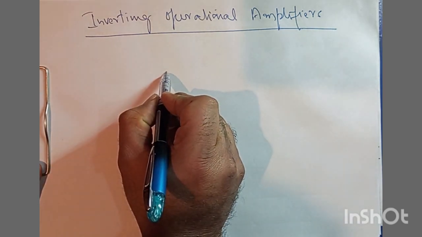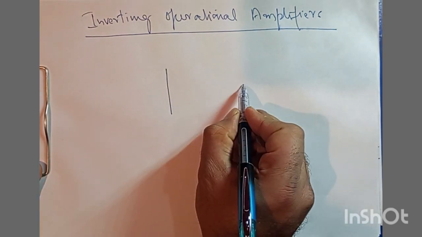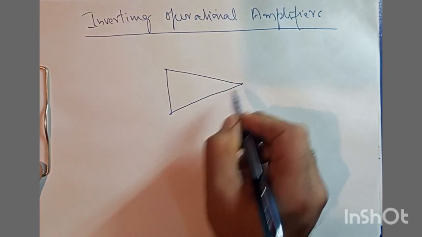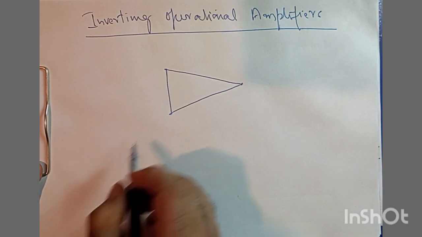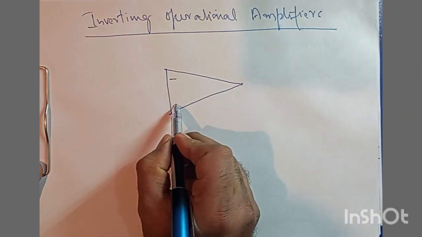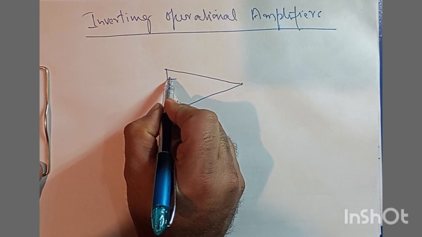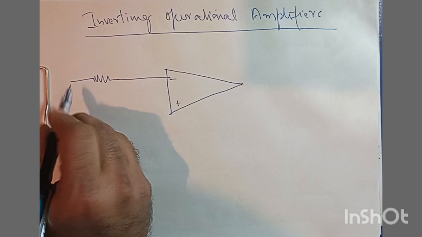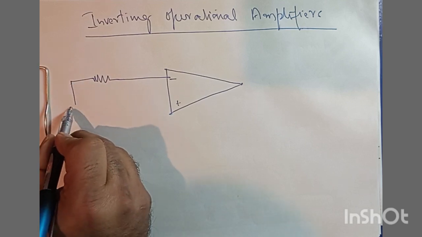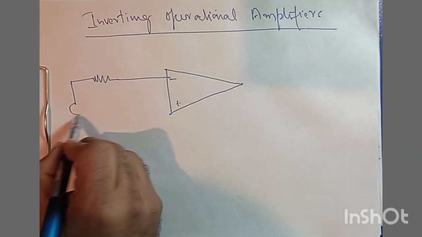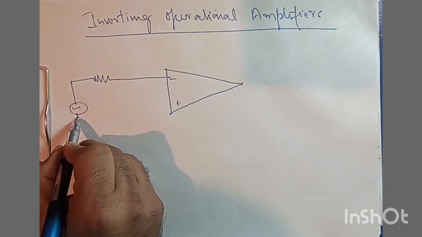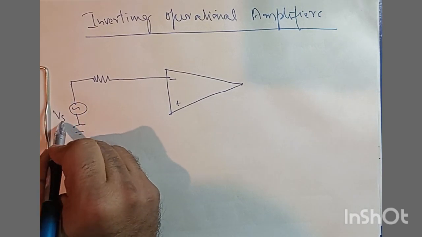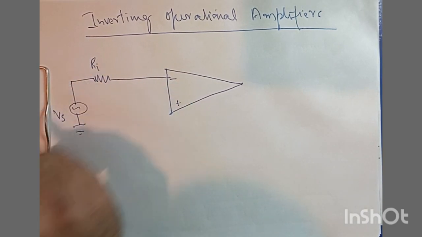So let's go with the diagram here. This is my operational amplifier. Let us assume this is the negative terminal, this is the positive terminal. From here we have an input resistance, and we have to invert the signal. So here we would like to subject our input signal, and it must have a voltage Vs. Here we have a resistance Ri.